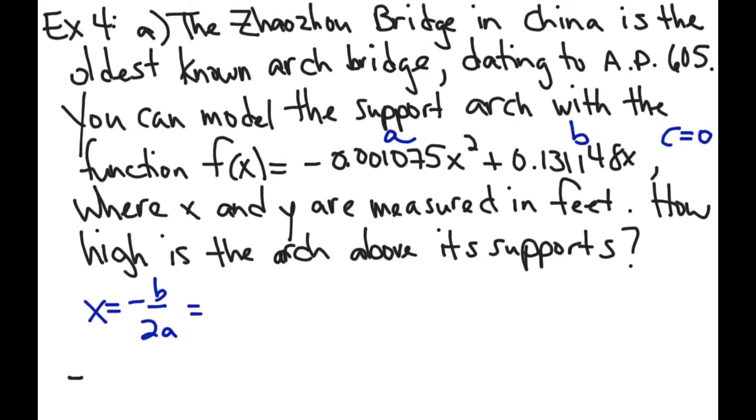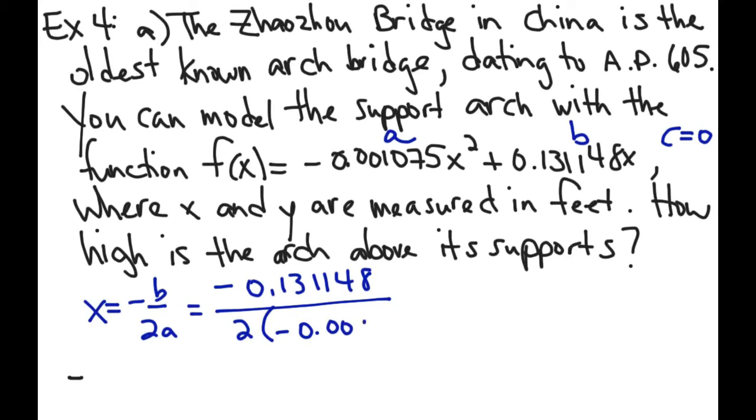So x is equal to the opposite of 0.131148 all over 2 times a, which is -0.001075. If you plug that into your calculator, you find out it's about 60.999. We're actually just going to say this is approximately 61.